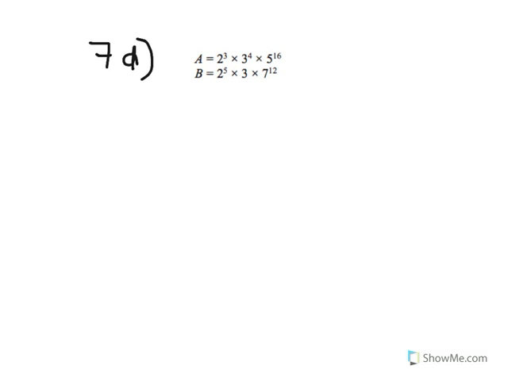Okay, so for 7b, you're given two numbers, a and b, and their prime factors, basically what they can be multiplied to give you. You're being asked to find the highest common factor of a and b. When you're given the breakdown in terms of prime factors, all it is is taking the highest amount of each factor which they have in common. In this case, they have 2s in common and 3s in common. 5 and 7, they're not common.